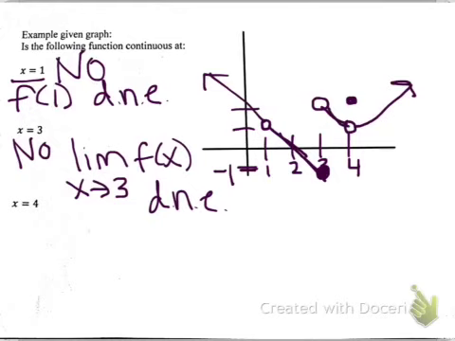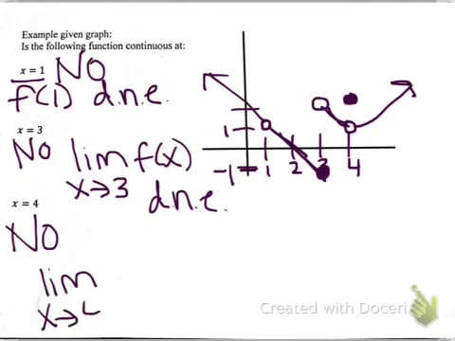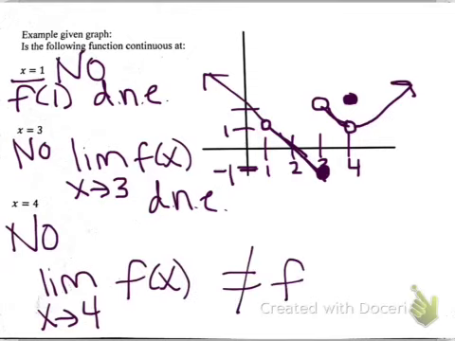And then the last one, 4, would also be no. And now this is because if I go through the steps, f of 4, guys, is 2. The limit at 4 is 1, but those 2 are not the same. So no, because the limit as x approaches 4 of the function does not equal f of 4. So all 3, those are not continuous, but that's how I'm going to actually show it.